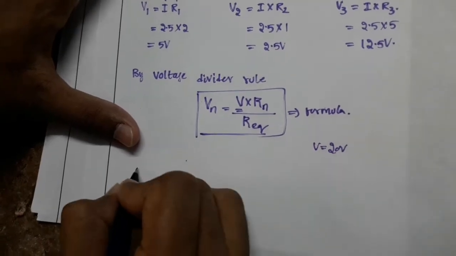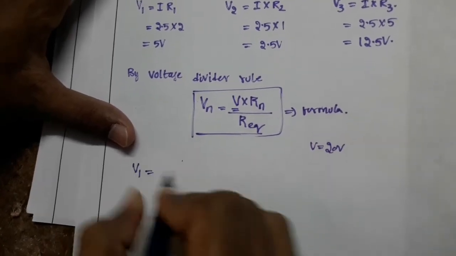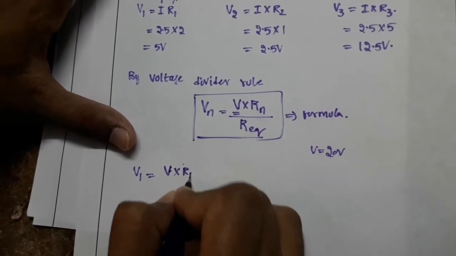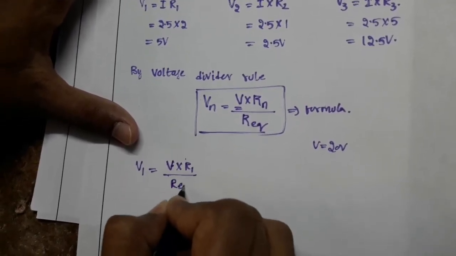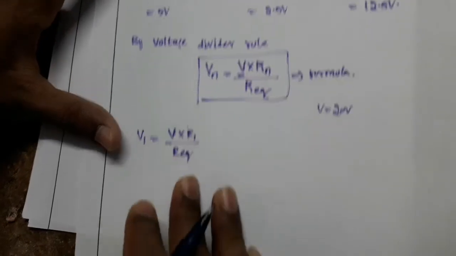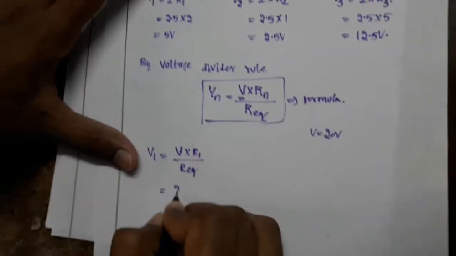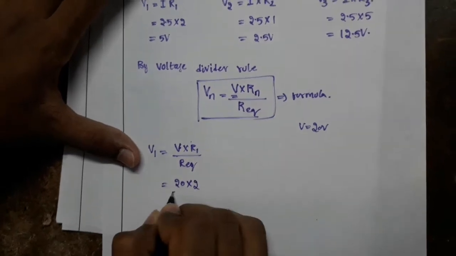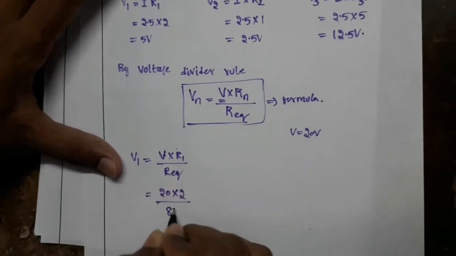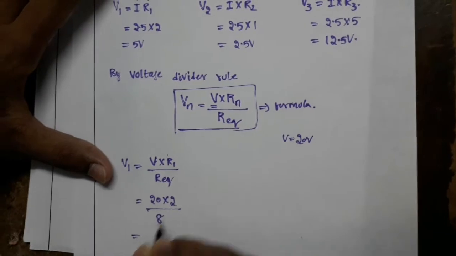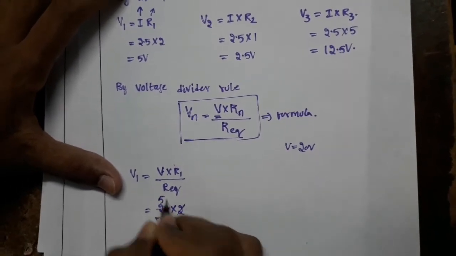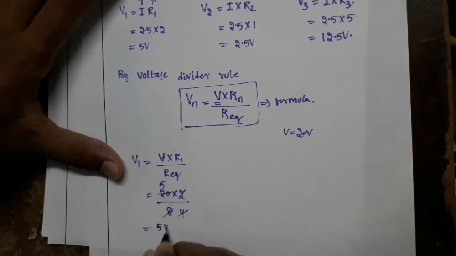For finding V1, V1 equal to total voltage V into R1 divided by R equivalent from this formula. So 20 into, we know R1 equal to 2 ohm divided by R equivalent of 8. By solving this, we got V1 of 5 volts.